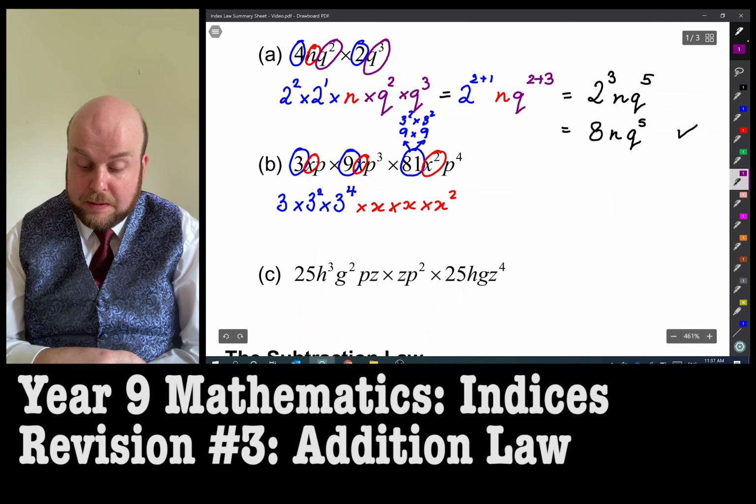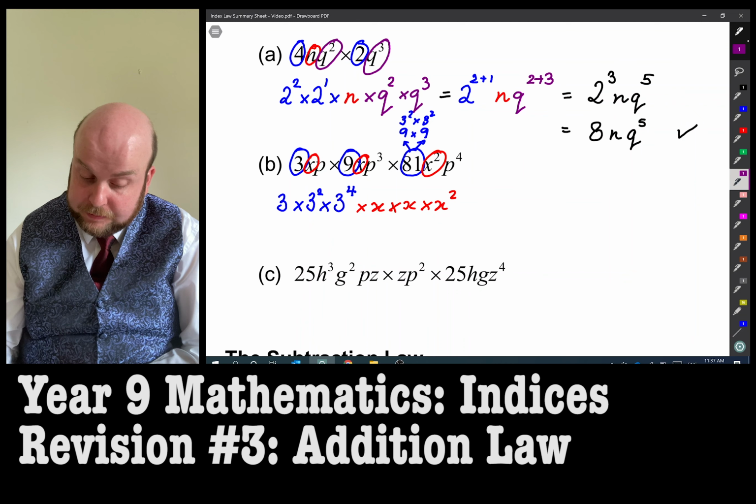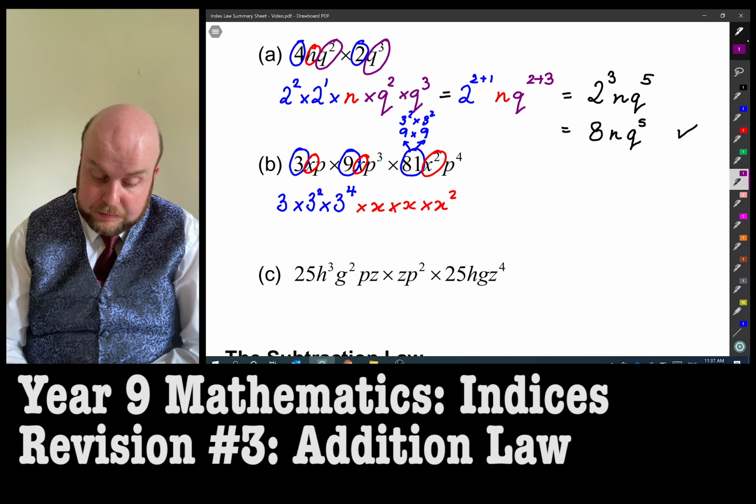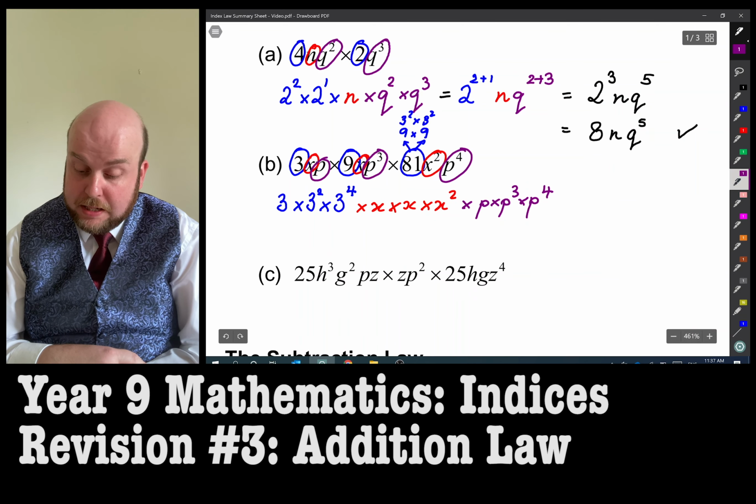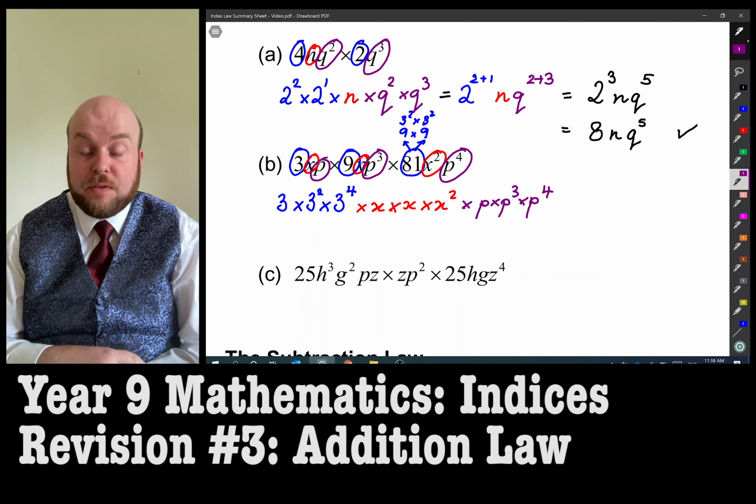Then I have x times x times x squared. Then I have p times p cubed times p to the power of 4.